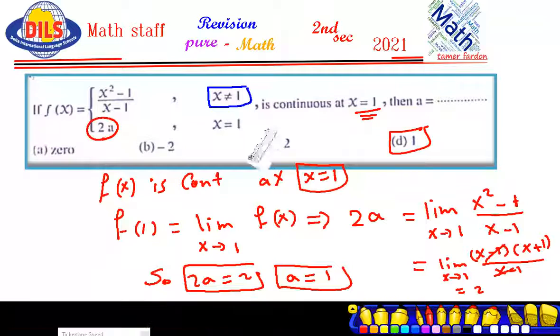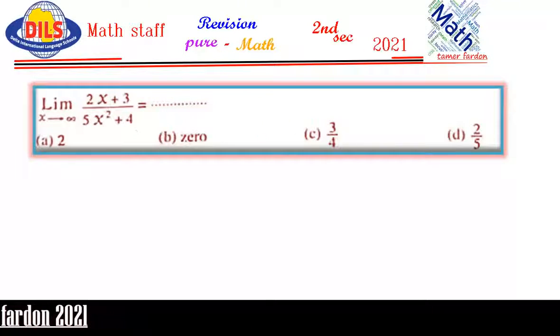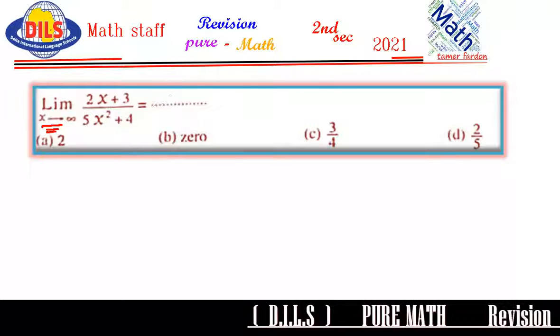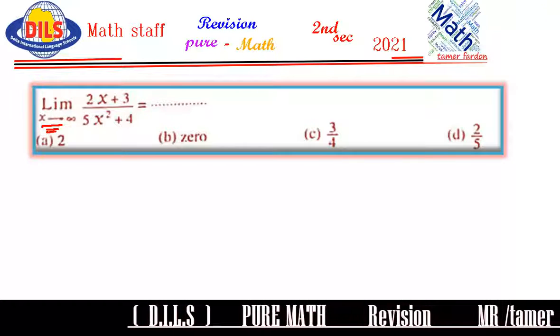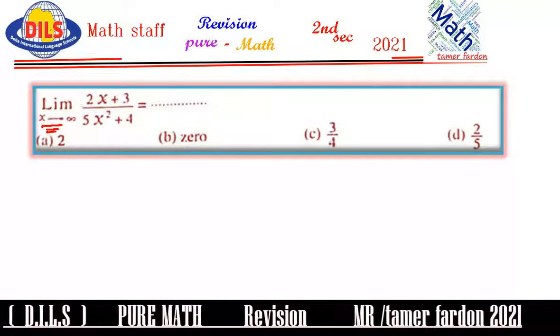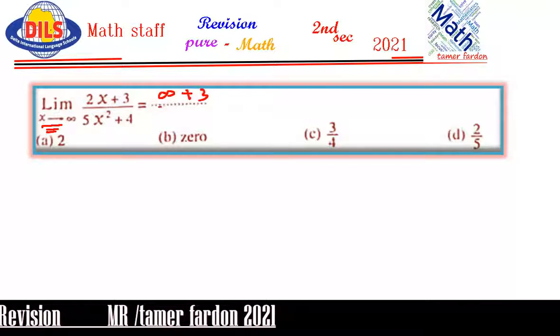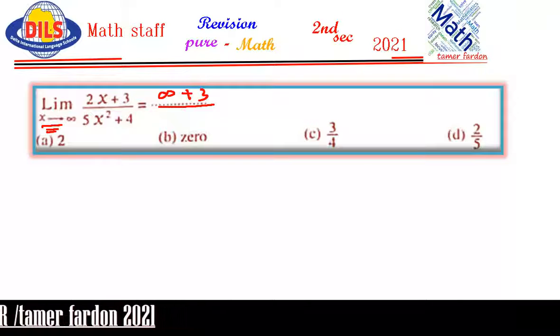The next, limit 2x plus 3 over 5x power 2 plus 4 when x tends to infinity. By using direct substitution, we get 2 times infinity is infinity plus 3 over 5 times infinity plus 4.